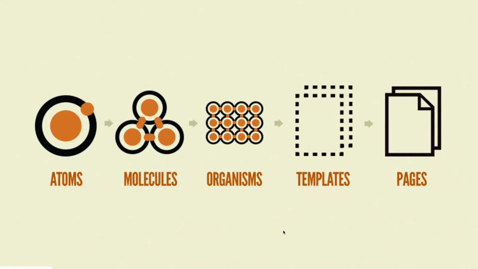Pattern Lab is a tool that's popular in the Drupal community and elsewhere, but it gives you a development environment to build components and prototype them, and then it can be integrated with Drupal in some interesting ways. It's possible to have Drupal integrate with your components in your pattern library so that Drupal can use them.